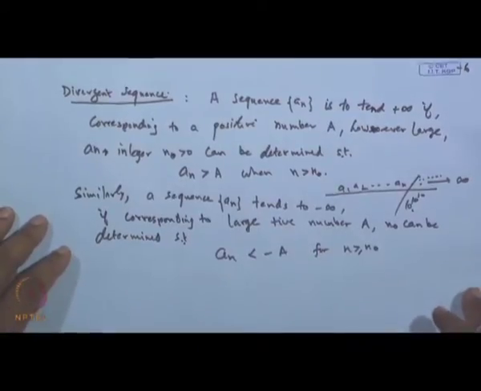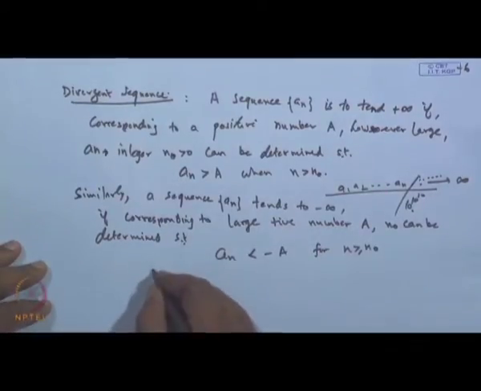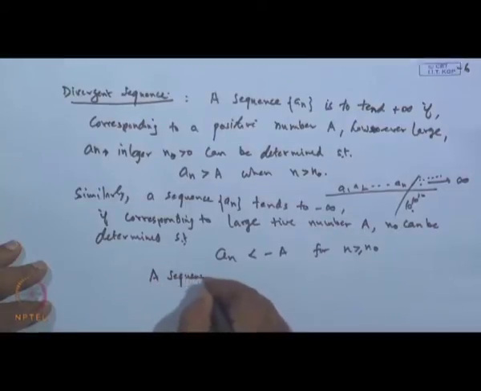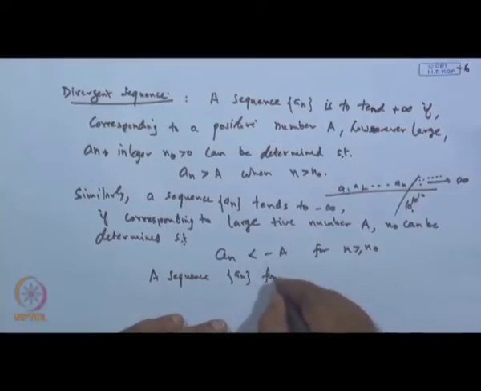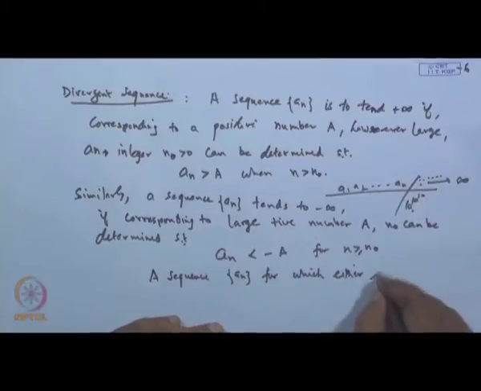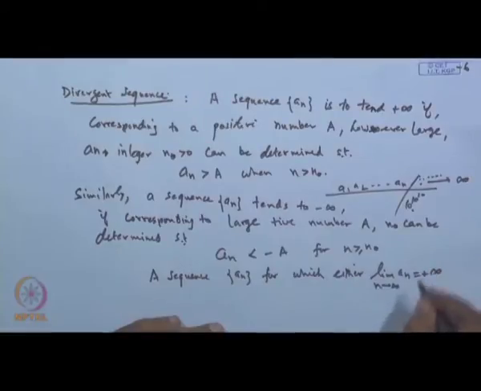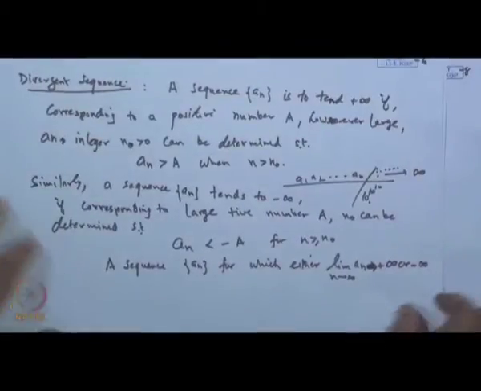Okay. So, a sequence A n for which either the limit of A n as n tends to infinity is plus infinity or minus infinity, is it not?